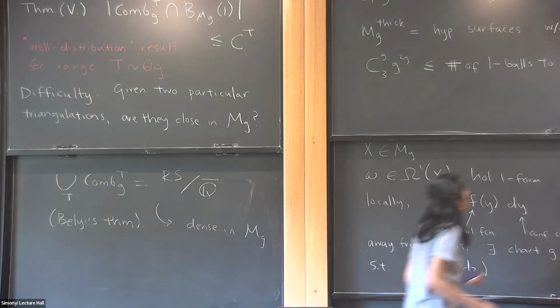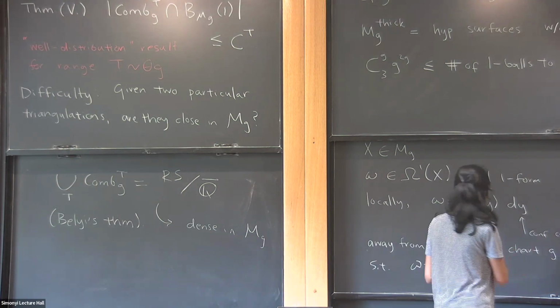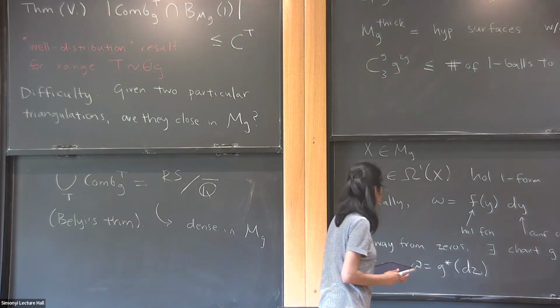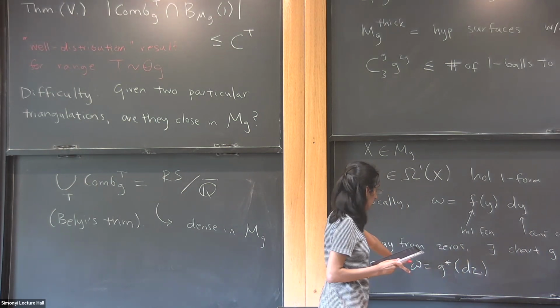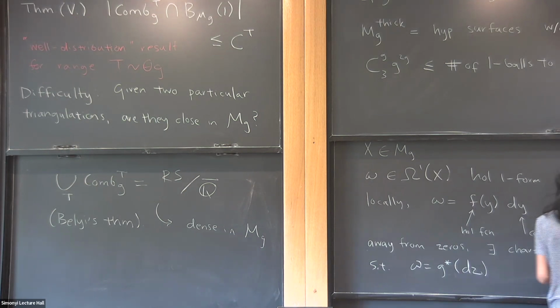But the point is that there is a geometric way to think about a holomorphic one-form, which is that you have a metric, which I'll denote by this.